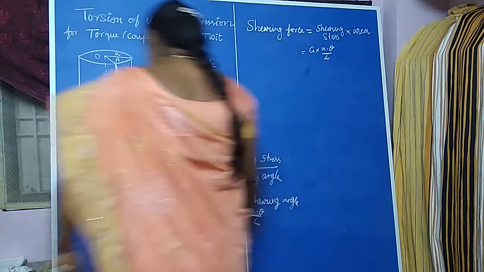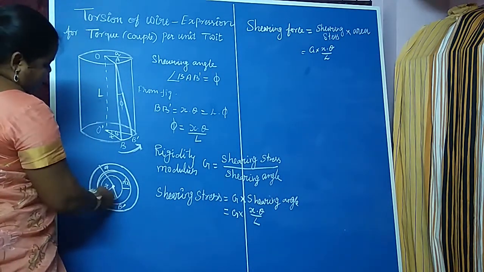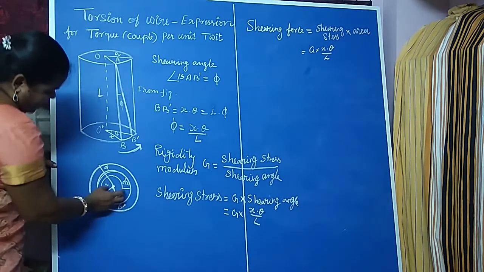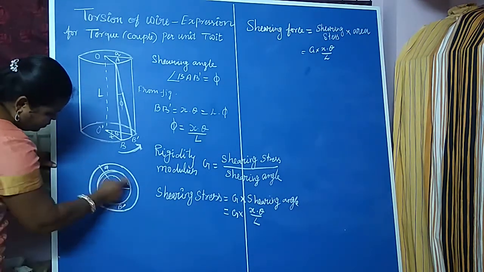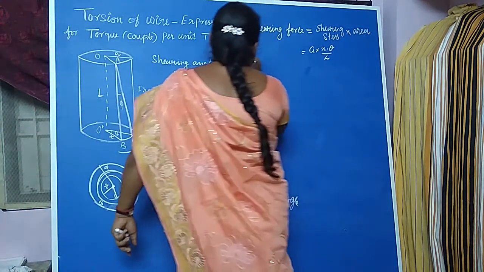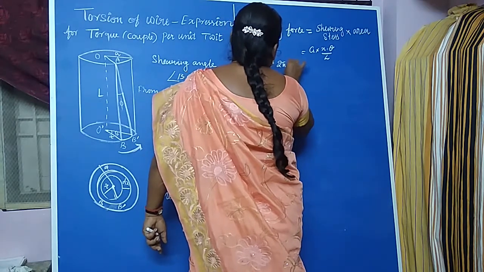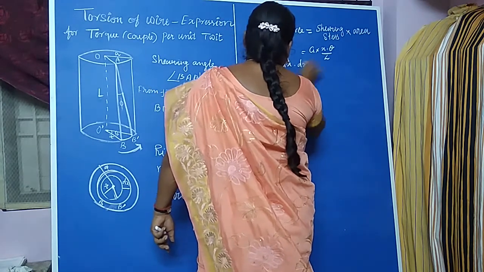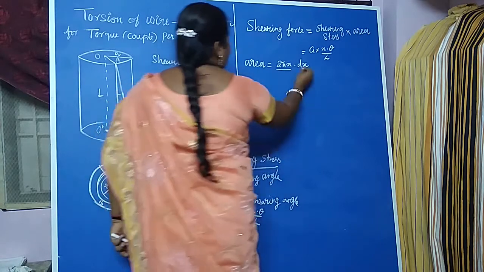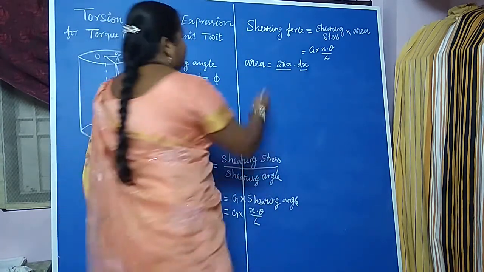Then the area through which the shearing force is acting. We have to calculate the area of this one cylinder. So area equals 2 pi x into dx. This is the circumference of the circle and the thickness will give the area.